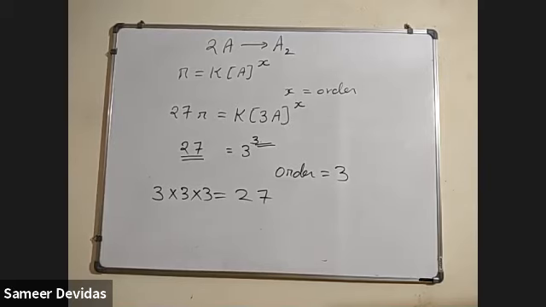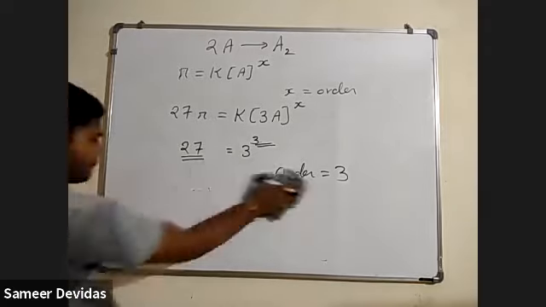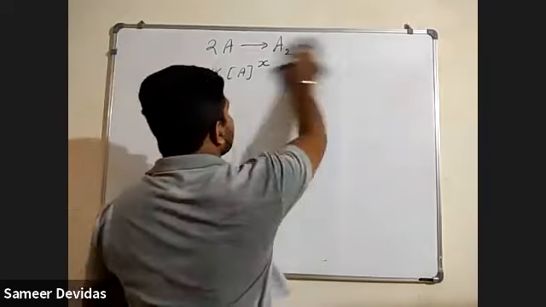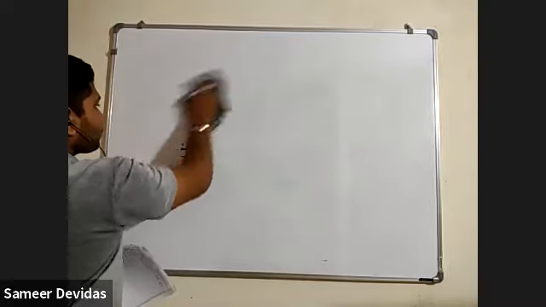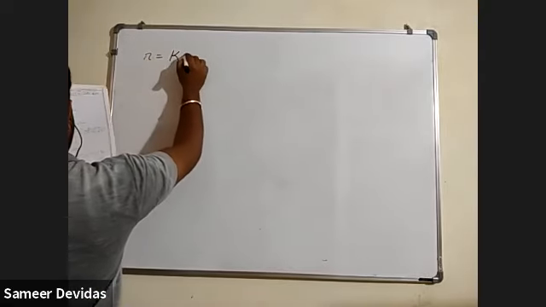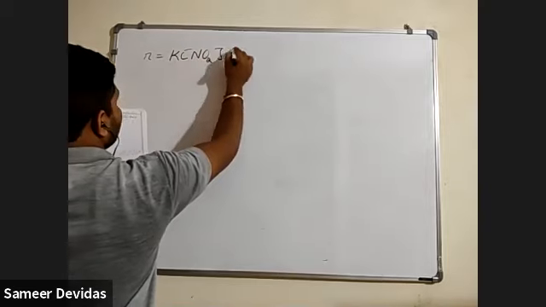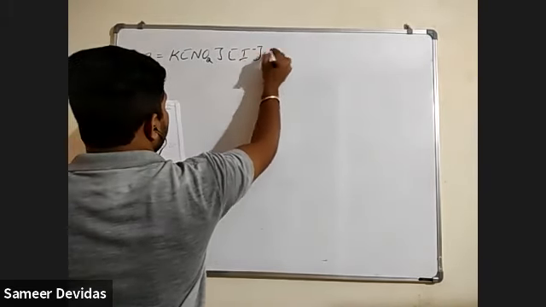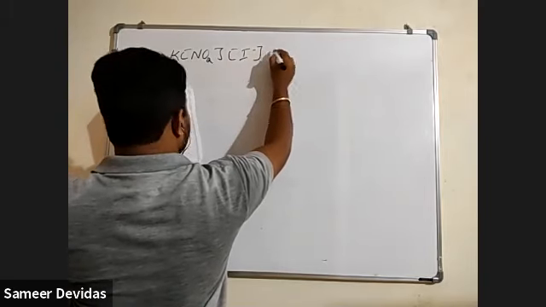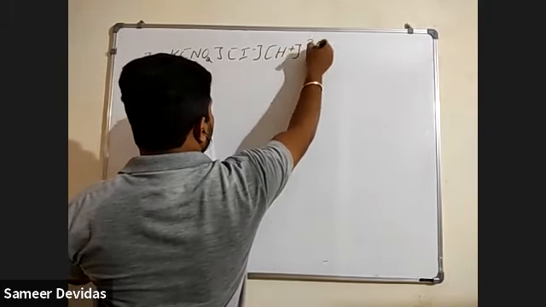Take down. The rate law for a reaction is found to be R is equal to K NO2 minus, I minus, H plus square.